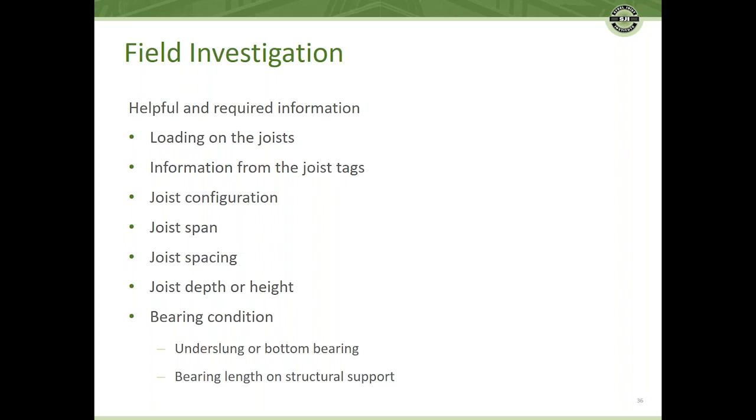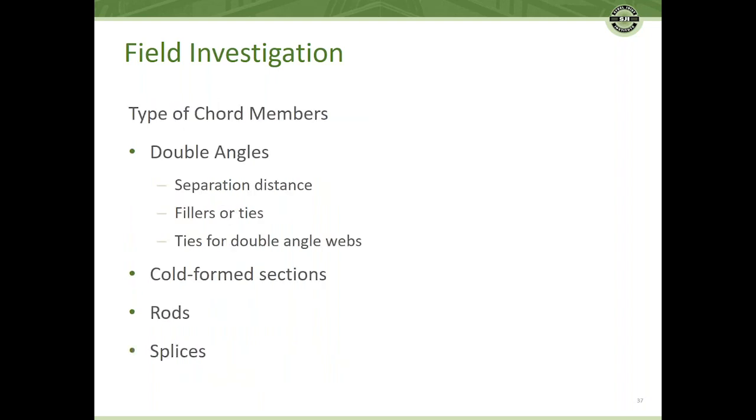The joist spacing, the spacing between the joists, so that we can calculate what the load for that particular joist was. Of course, the depth or the height, and then the bearing condition, whether it's underslung or bottom chord bearing, and then, of course, the bearing length of the structural support. If we don't have enough bearing length, then sometimes that really causes us a problem.